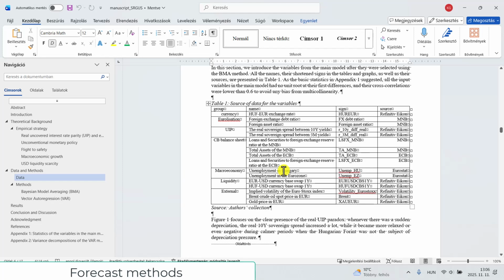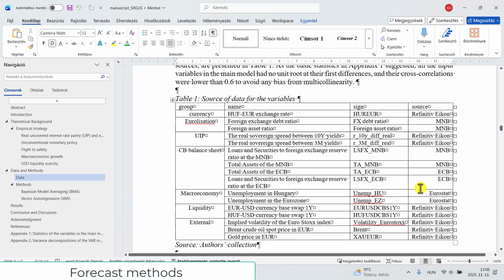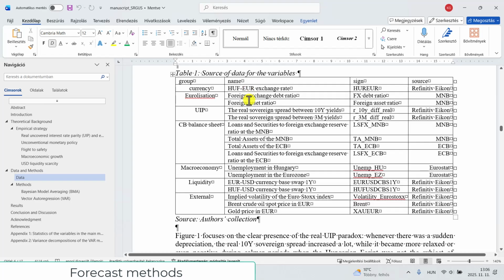So in the literature we can have monstrosity tables like this that obviously we are not able to use all these variables at once in a regression for forecasting, because this will go nowhere. So nothing will be significant and it will be just creating noise.